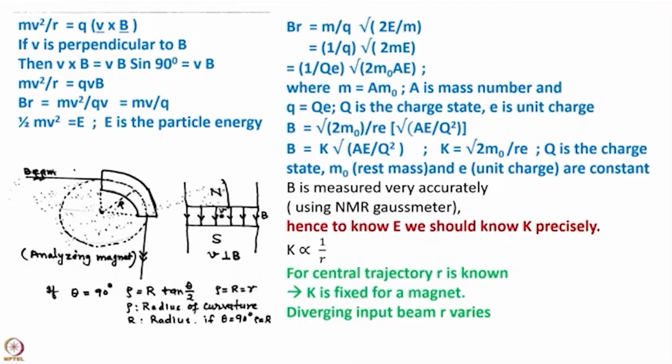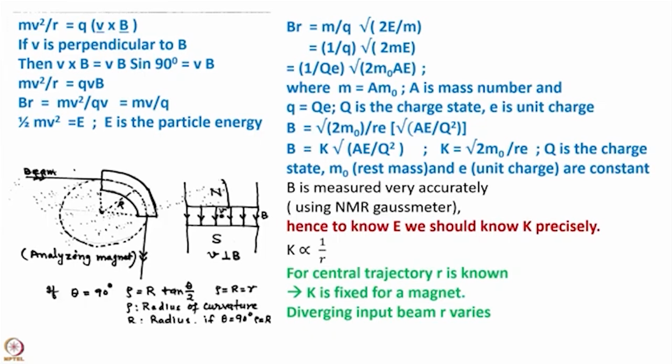When a well-defined beam enters the magnet, it will experience the Lorentz force and follow a circular path, given as mv squared upon r equals q times v cross B. v is the velocity and B is the magnetic field in which this particle is moving, if v is perpendicular to the magnetic field.